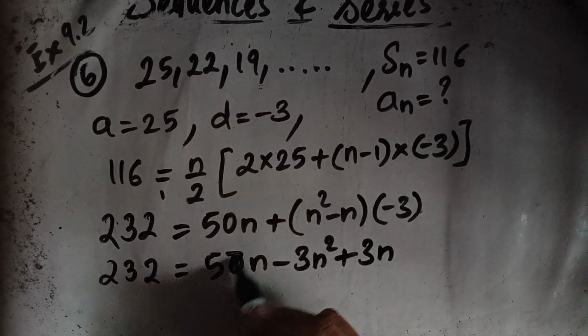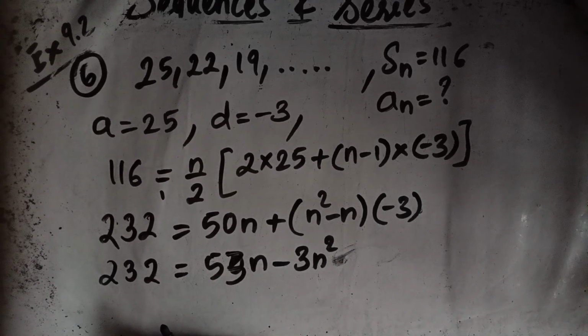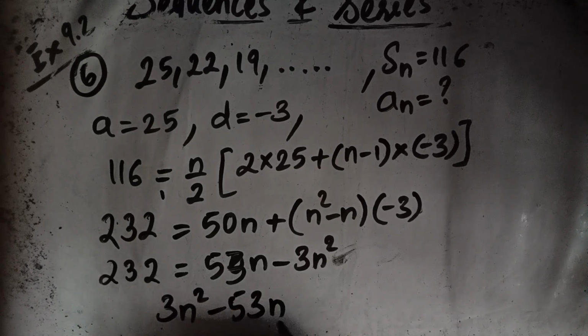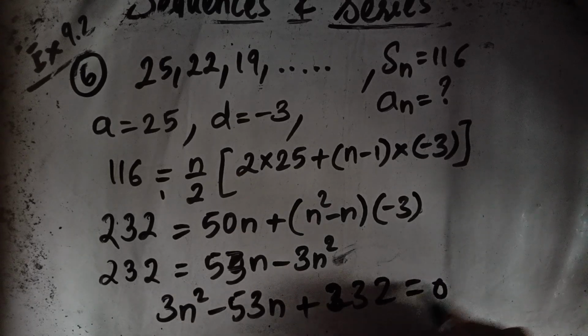So this is 53n. Okay. So we'll get 3n square minus 53n plus 232 equal to 0.